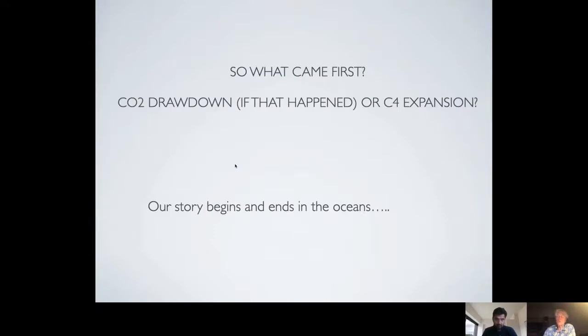So what came first, CO2 drawdown, if that happened, or the C4 expansion? And interestingly, our story begins and ends in the oceans.